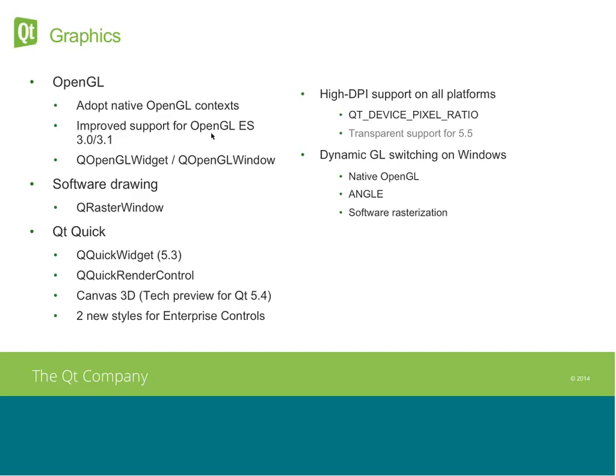So the Qt packages that you can get now with 5.4 support dynamic GL switching, where we can at startup time select what kind of OpenGL implementation we want to use, whether it's native OpenGL, whether we want to translate OpenGL to DirectX using Angle, or whether we want to do software rasterization. We hope and believe that this will solve many of the issues that people have with OpenGL on Windows.